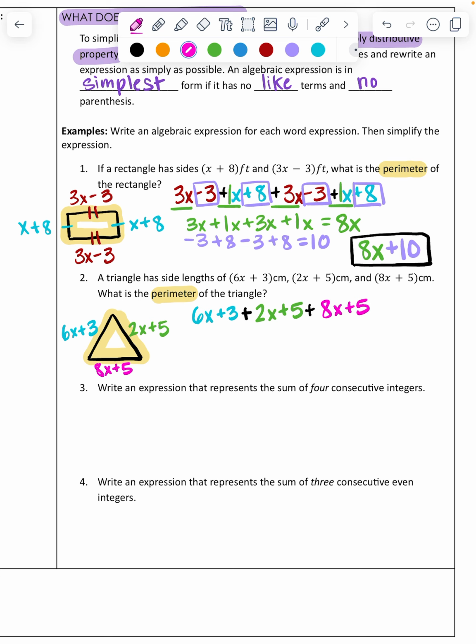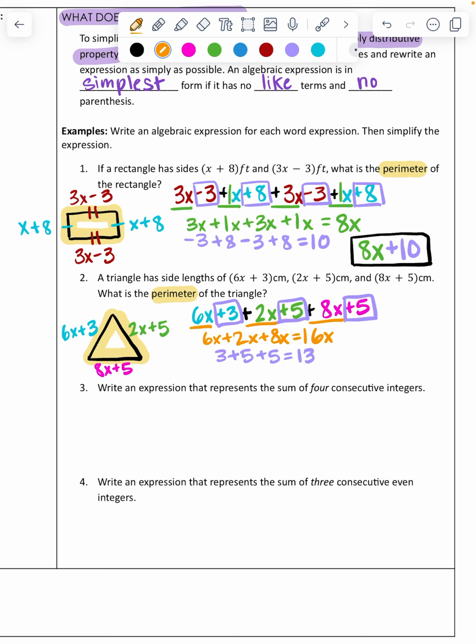Now combine like terms. 6x, 2x, and 8x can be added together, and that gives me 16x. Then I can combine 3, 5, and 5, and that gives me 13.